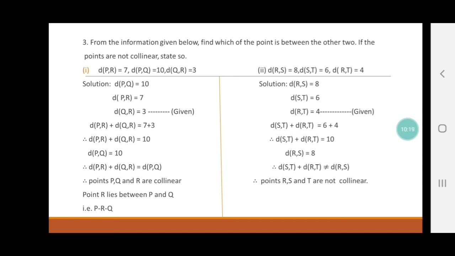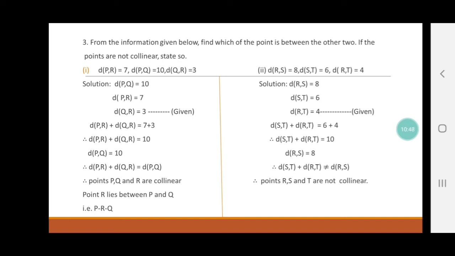Now distance between PQ is equal to 10, that is given to us, and the sum is also coming as 10. So from these two equations, what do we get? We get that distance between PR plus distance between QR is equal to distance between PQ. Therefore points P, Q, R are collinear, and which point will lie between the other two? That is, point R lies between point P and point Q.